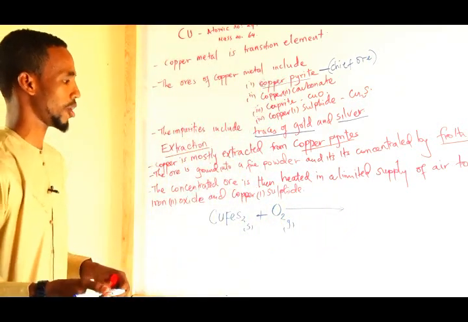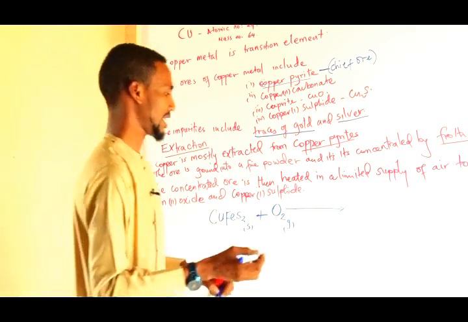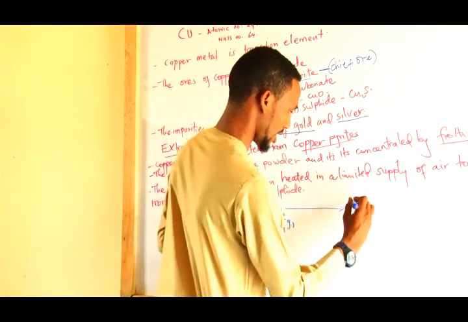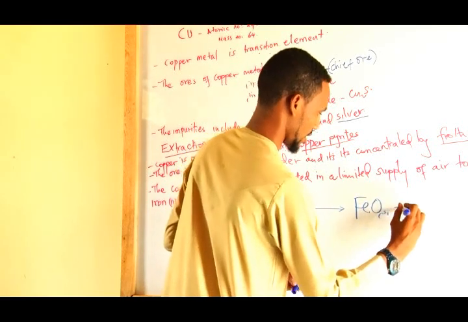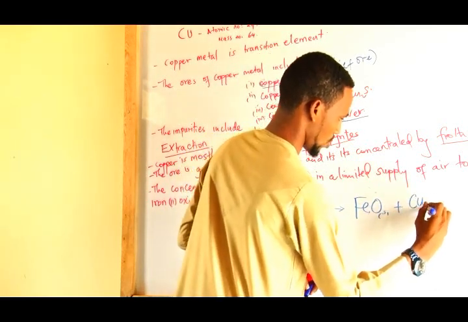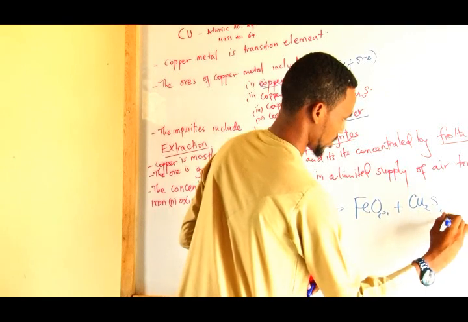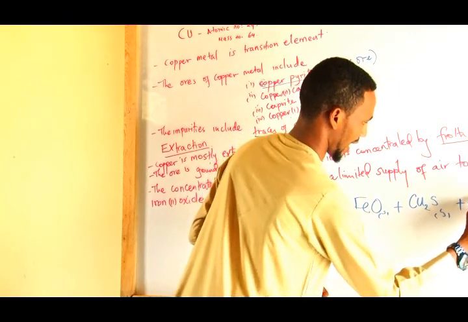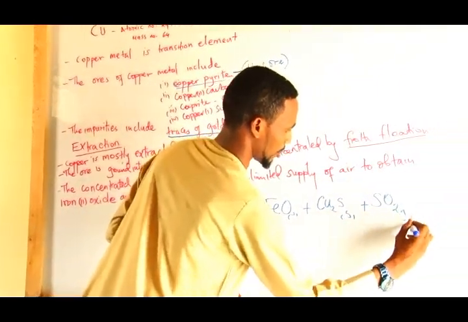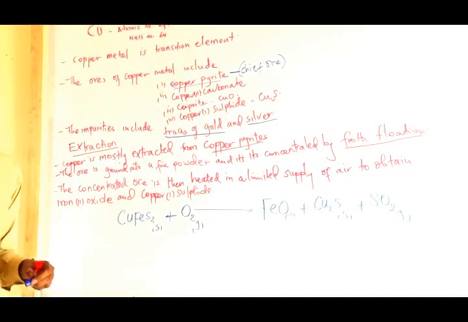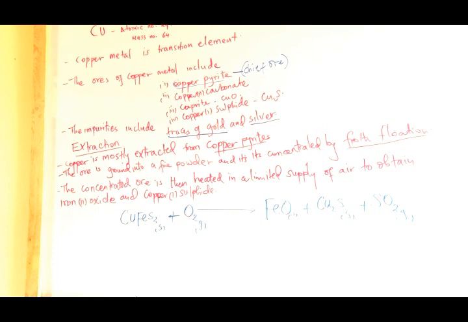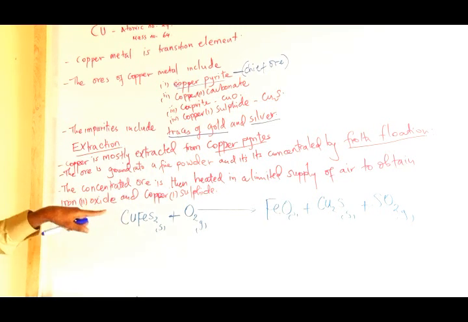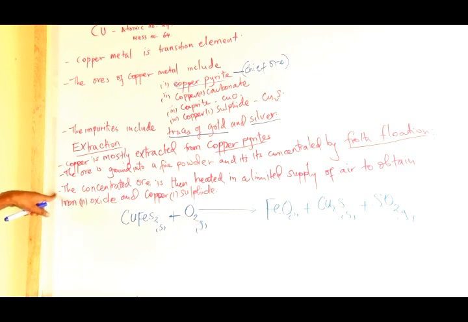In fact, it is 3 products. The third one is a gas. The first one you will get is iron 2 oxide, copper 1 sulfide, and then sulfur 4 oxide gas is produced. So this is our first stage of the extraction of the metal.